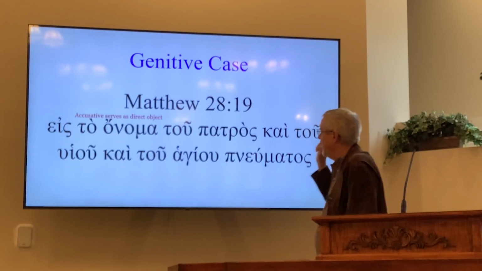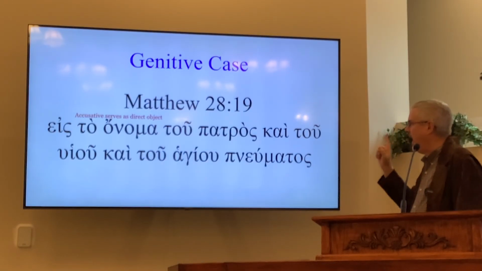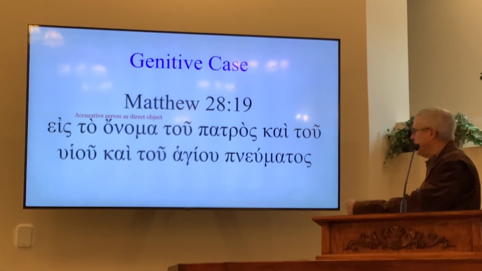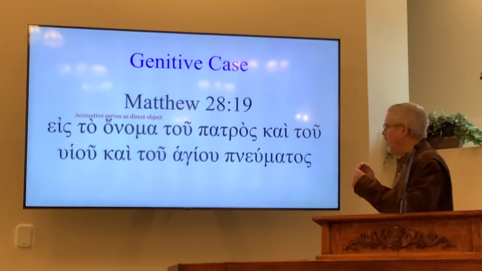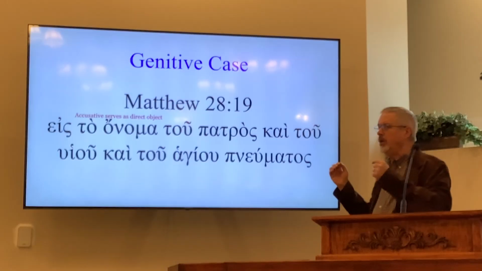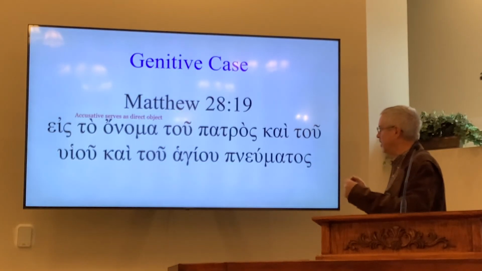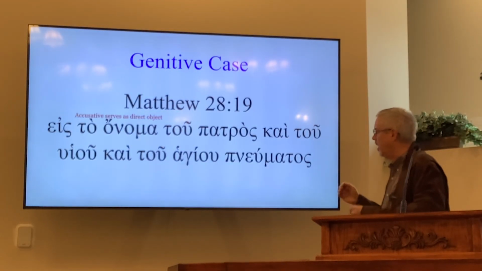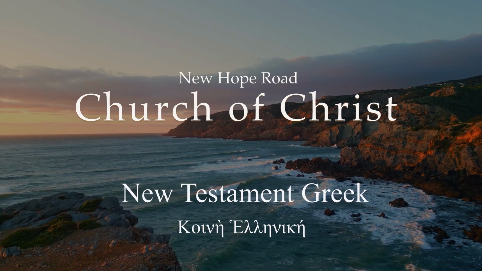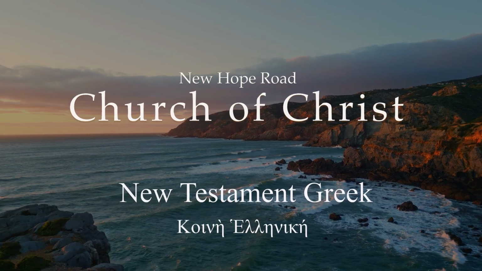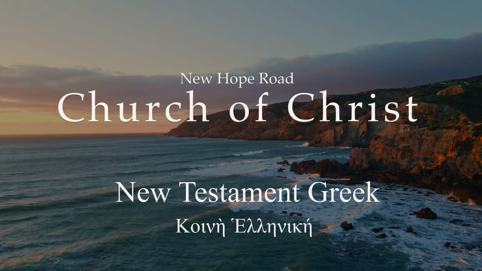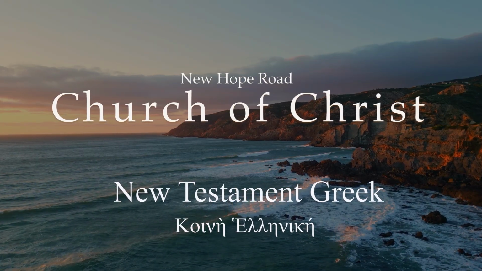But this is showing how it works, and it does not have anywhere in this your prepositions. We've got to have the prepositions in English, in the name of the Father. Whereas in this, it has none of those prepositions because it's showing those in the noun itself.